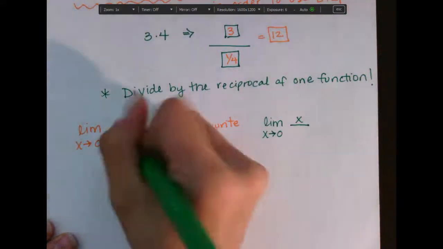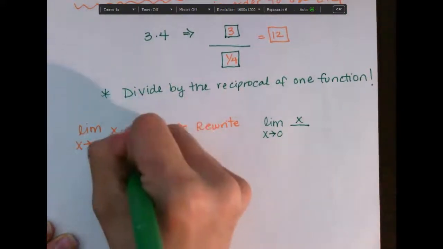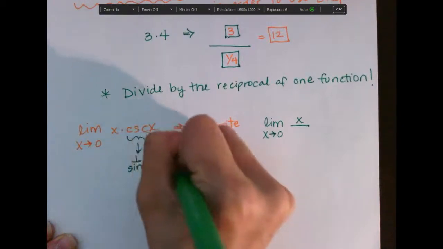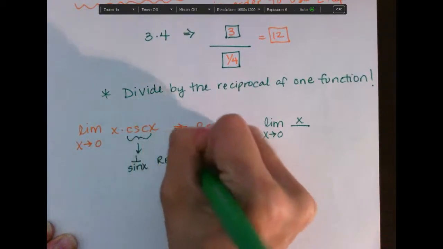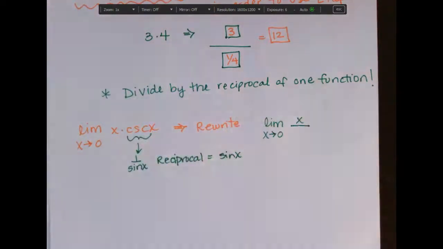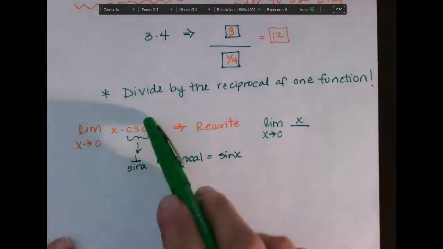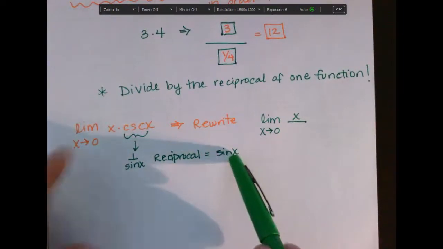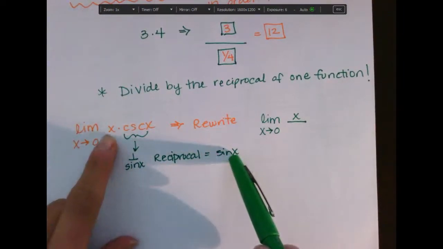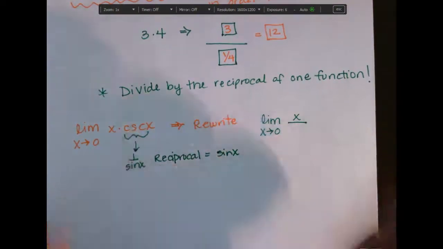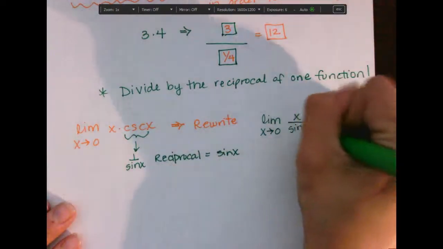So the reciprocal of cosecant is just sine. Okay, cosecant is 1 over sine, so its reciprocal is regular sine. So I'm going to take this x, and instead of multiplying it by the cosecant, I'm going to divide it by the reciprocal, which is sine.